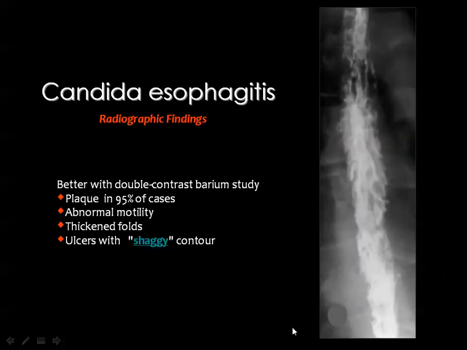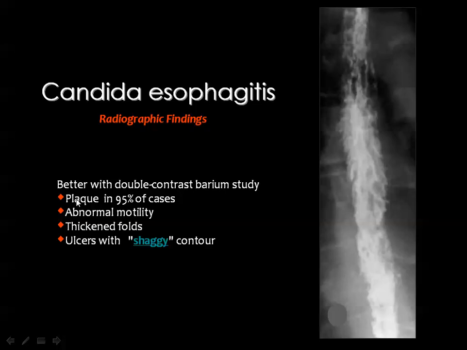The appearance of Candida esophagitis is almost classic on barium swallow, and you can see this shaggy appearance of the esophagus, and you remember the association with intramural pseudodiverticulosis as well.